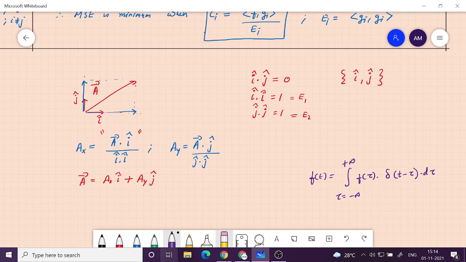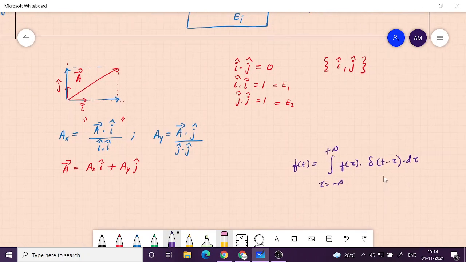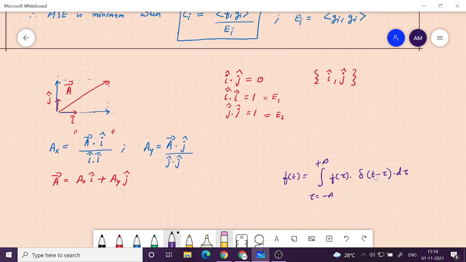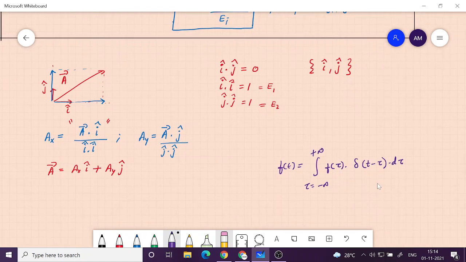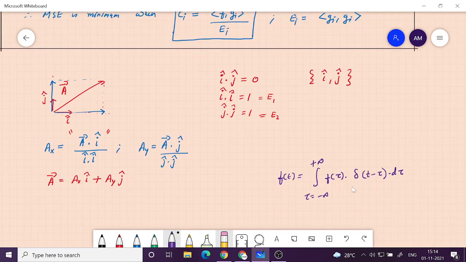This we have derived earlier. So given a function, we are expanding it in terms of an orthogonal set of functions. Here the orthogonal set consists of Dirac delta functions shifted by tau units from minus infinity to plus infinity. So there are an infinite number of functions here.